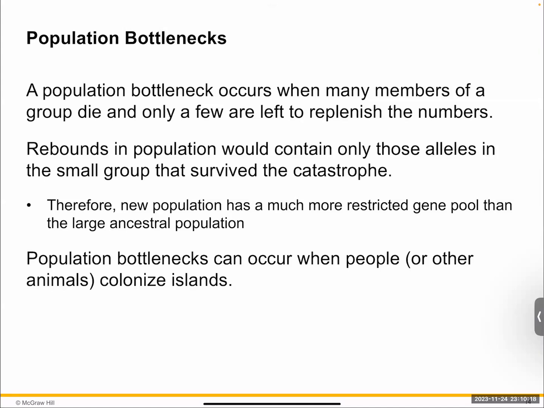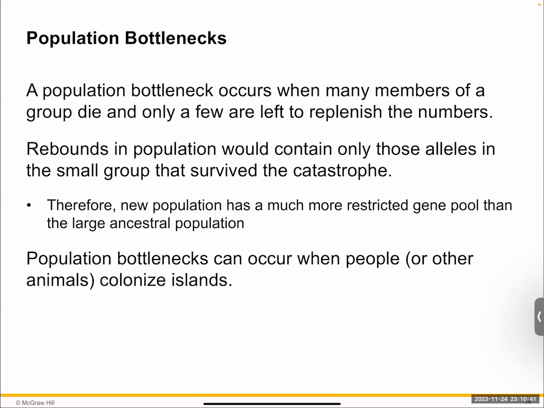In the case of a population bottleneck, we're usually talking about some sort of significant change that destroys or damages most of the population, and therefore only a few specific individuals with specific alleles are left to create the next generation and offspring.